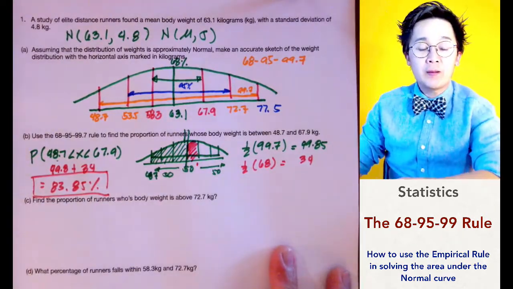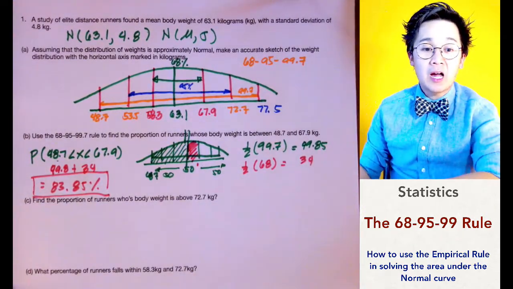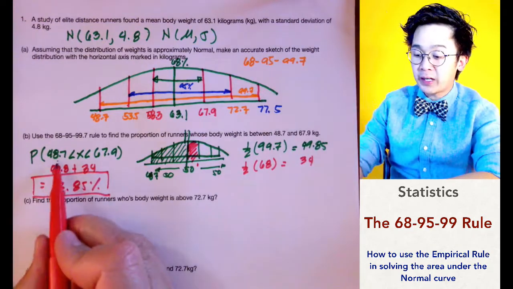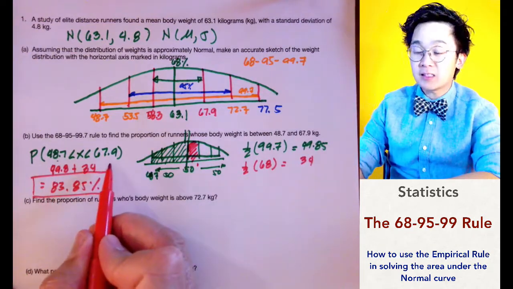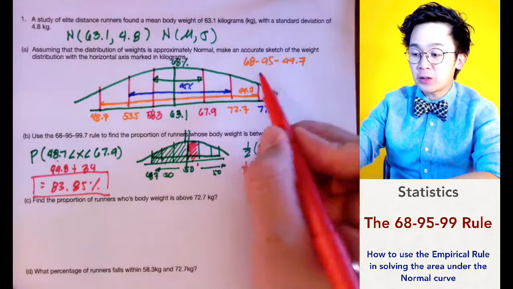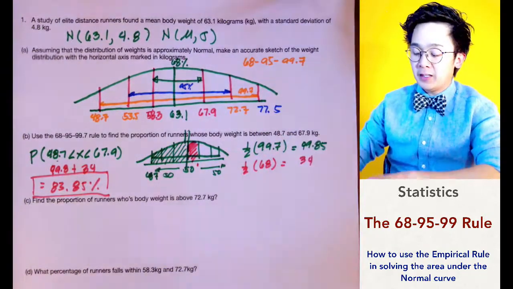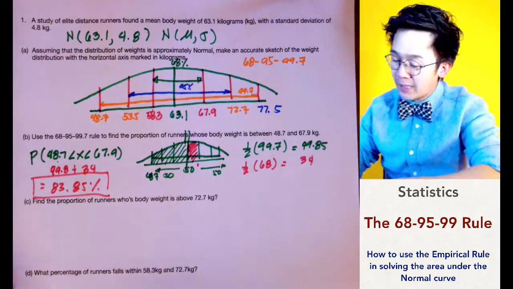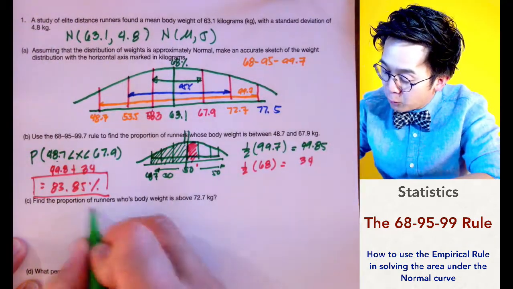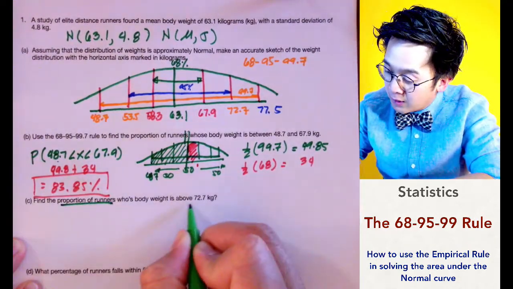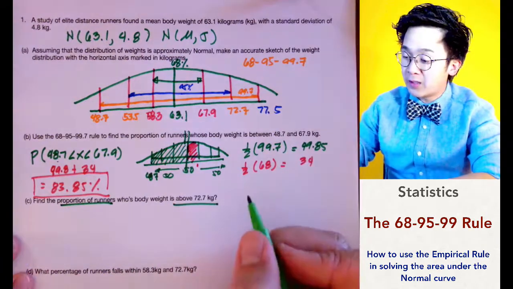So, yan yung percentage ng mga runners na ang weight nila ay between 48.7 kilograms at 67.9 kilograms gamit yung 68, 95, 99.7% rule. So, yung pangalawa naman, hahanapin naman daw natin is proportion ng runners na above 72.7 kilograms.